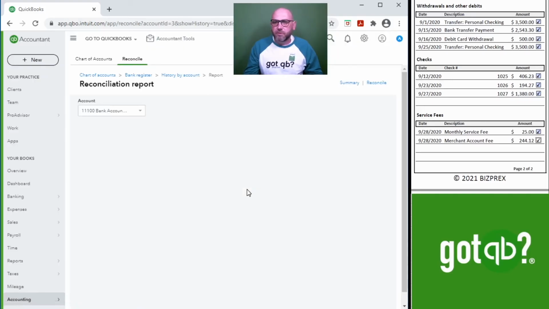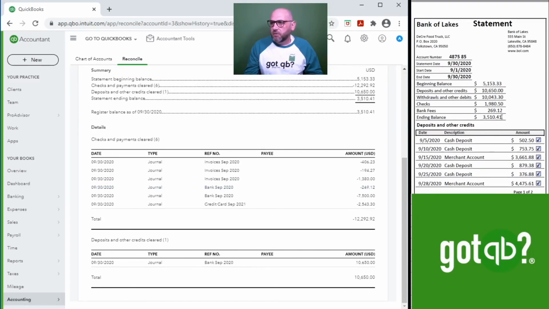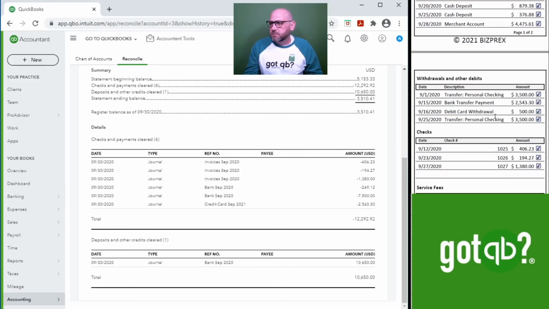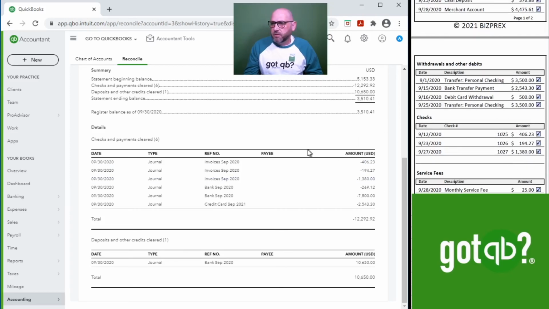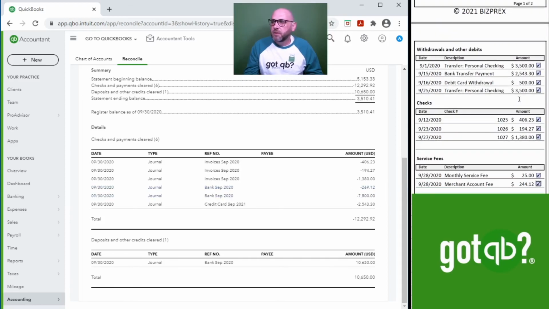All right, view our reconciliation report. Again, what do we see here? Well, our ending balance matches, right? That's important. We also see that, because we kept invoices, in this case, we paid them with checks separately. We wanted to have those separately. They showed up separately. The fees got summed, so we sacrificed that detail.